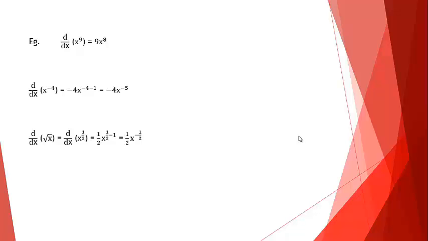Looking at the example of x to the power 1 half, we multiply by the power which is a half, and then we take away 1 from the power, which is 1 half take away 1. So the result is 1 half times x to the power negative 1 half. That happens for each of these examples: we multiply by the power and then we subtract 1 from the power.